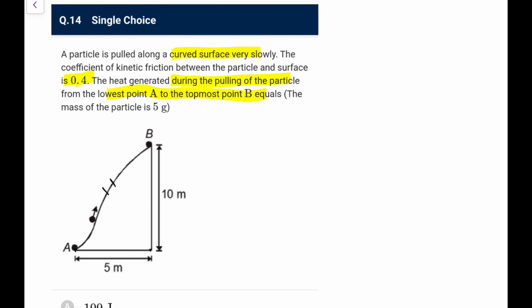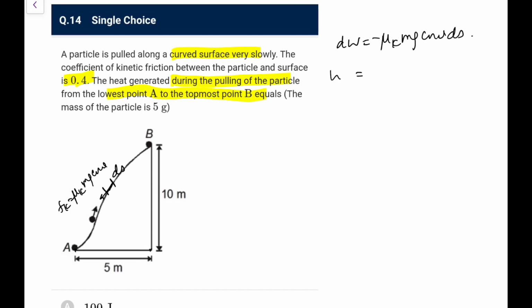If you take a small displacement ds, this friction force that acts, Fk, would be equal to mu k mg cos theta, and you have this displacement ds. So the work done in this small part, you can write as mu k mg cos theta, with negative sign of course, ds.